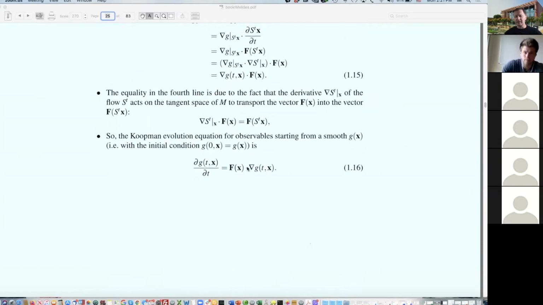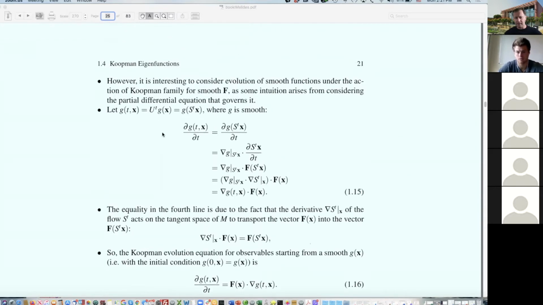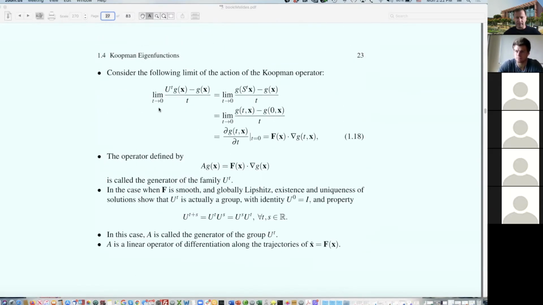But when we look back at our previous derivation here, that is precisely f dot grad G taken at t equal to 0. G of 0 and x is U_0 G, which is just G. The Koopman operator acting on the function G at time 0 gives you back that function, its identity, right? Nothing changed at time 0. So what did we get here?